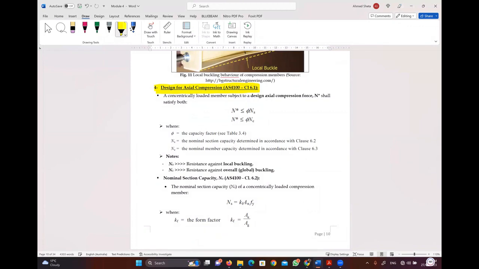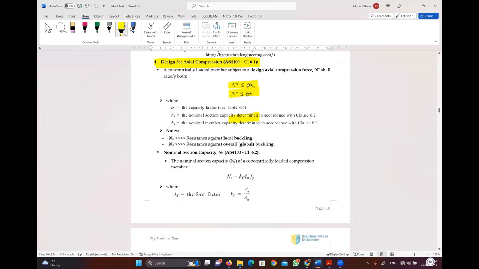We need to check the section capacity and the member capacity. This is the section capacity. So we need to find KF. This is the equation first: NS equals KF times An F yield.